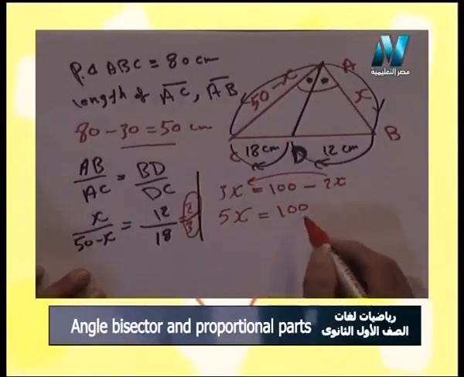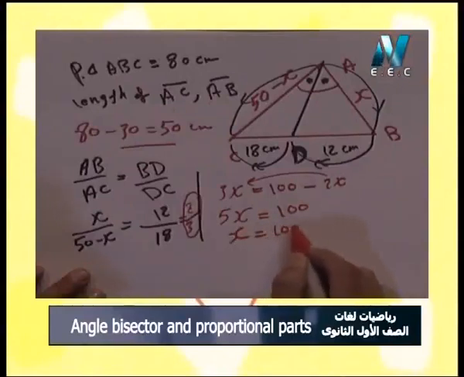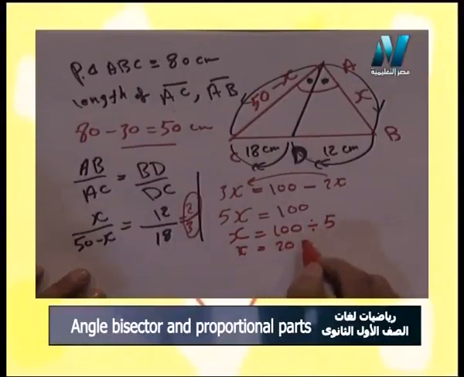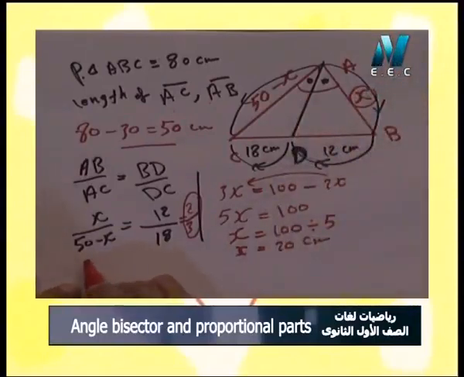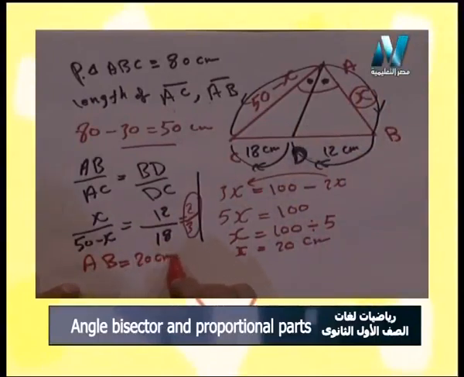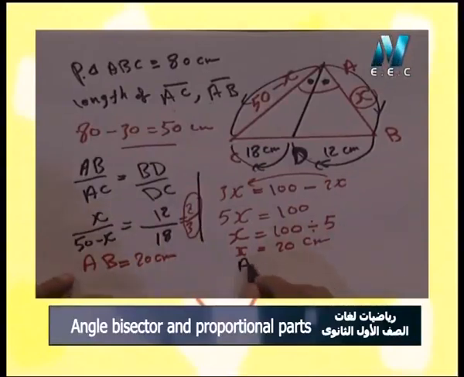Okay, we can divide this 100 by 5, so x will be 100 divided by 5, so x will be 20 centimeters here. x is the length of AB, so we can easily say that AB equals 20 centimeters, and AC equals 50 minus x, which is 50 minus 20, equals 30 centimeters.